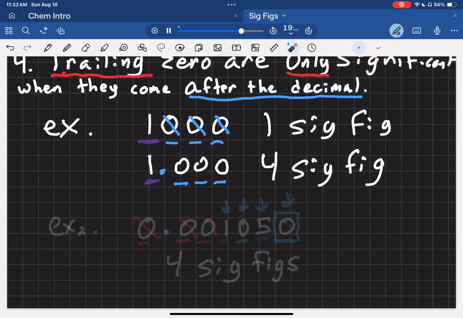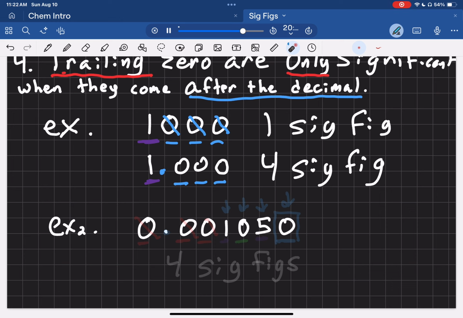Just kind of bring this home. So this is example 2, and this is going to incorporate pretty much all the rules we have learned so far into one nice number, because that's going to happen from time to time. So let's say that I have a number that looks like this. Let's say we start off with 0.001050, right?